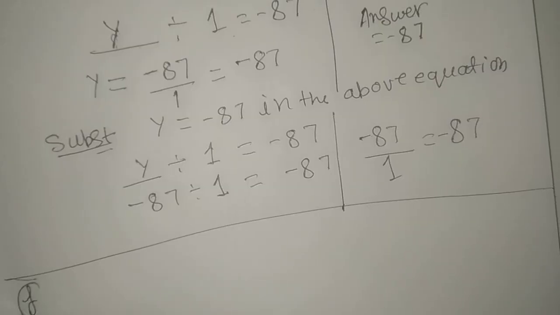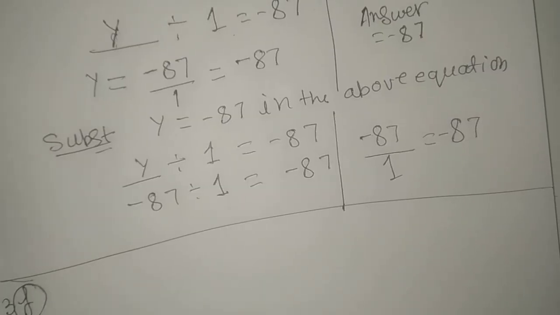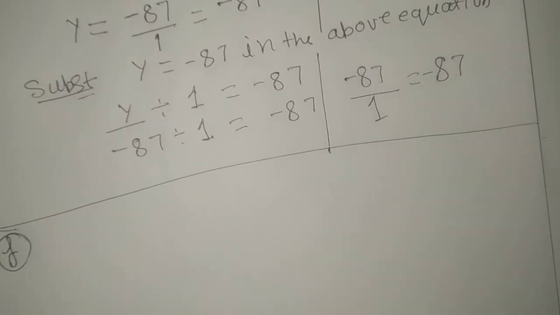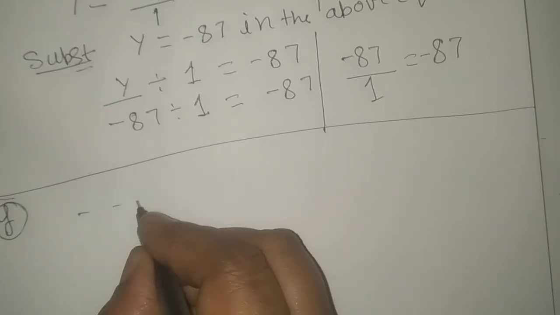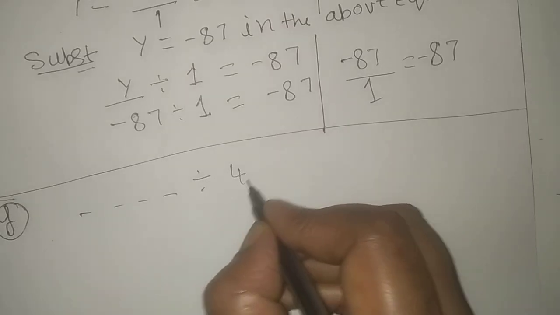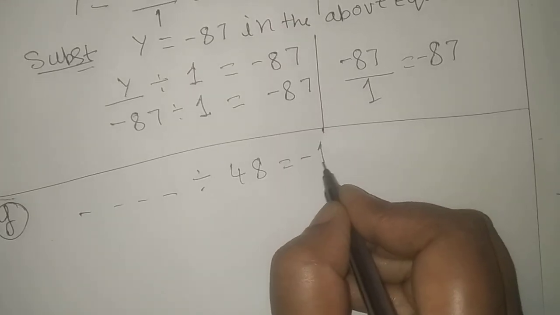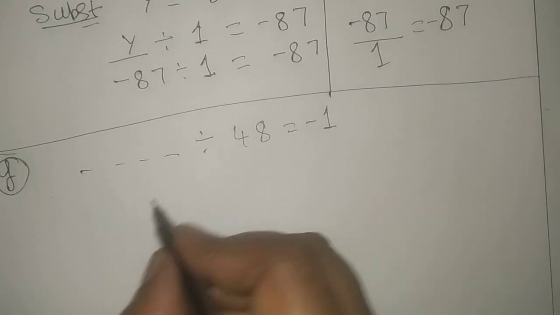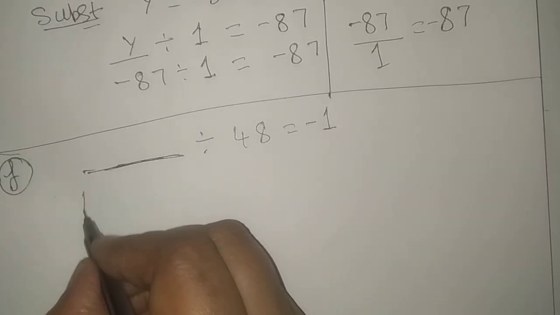Then question 3F will be blank divided by 48 is equal to minus 1. So here blank is there.